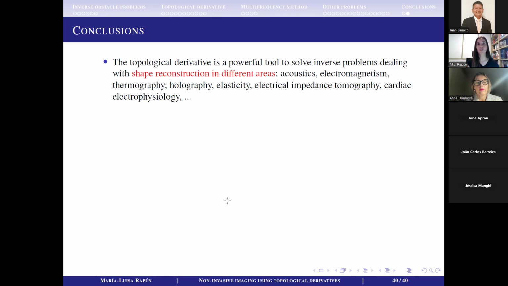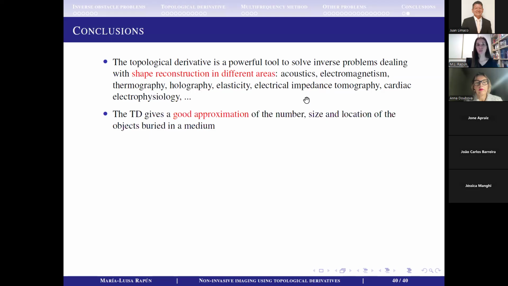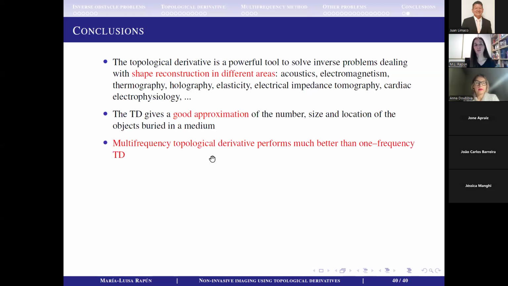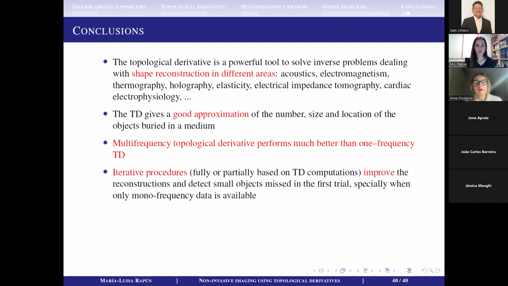So we can think in acoustics, in electromagnetism, in thermography, as I showed you, but also in many other applications that have been investigated by some other groups, like cardiac electrophysiology or electrical impedance tomography. We have shown that this technique is a very good approximation of the number, size, and location of the objects, and that in case of having multi-frequency data, the method can produce very sharp reconstructions. And we have also visualized a little bit about that.